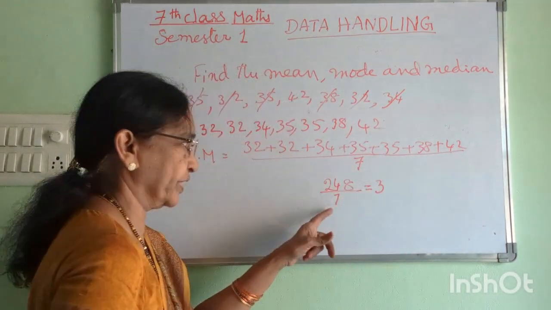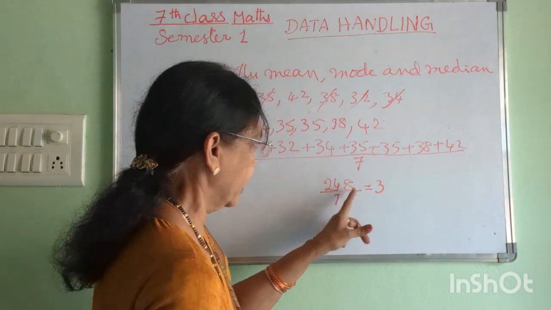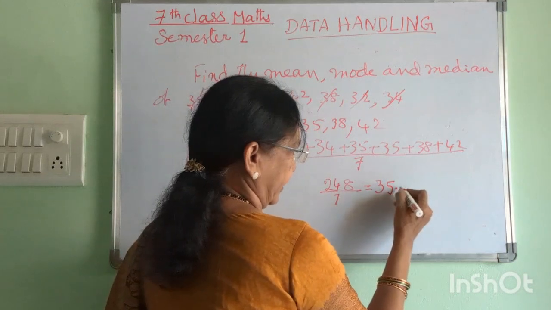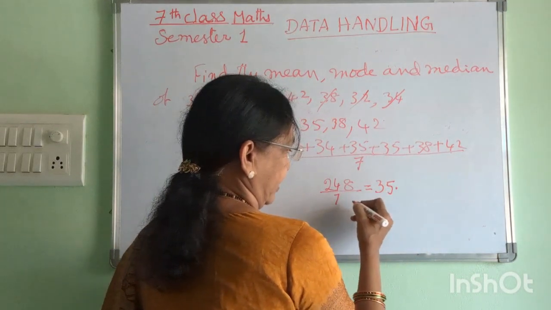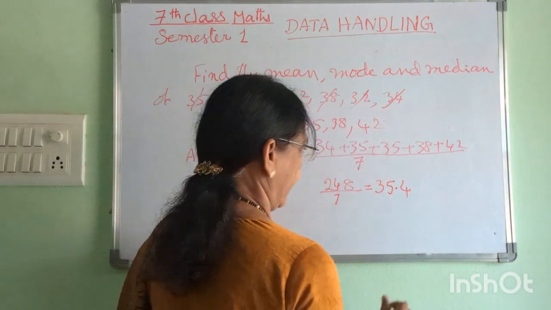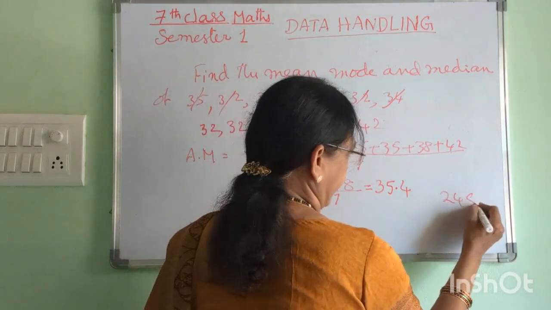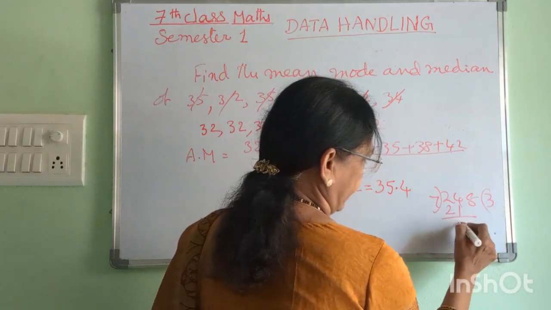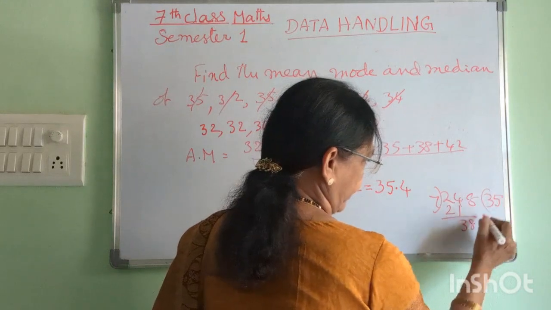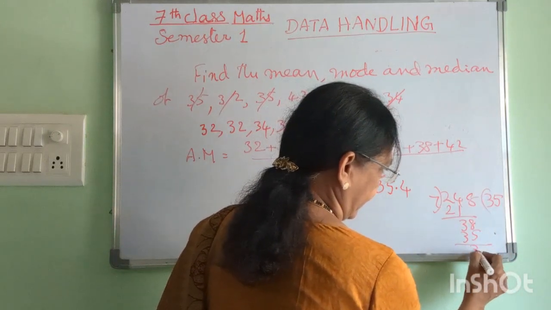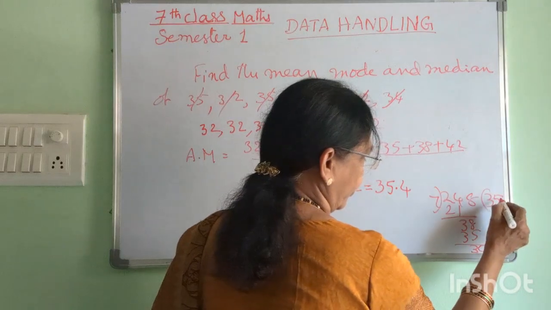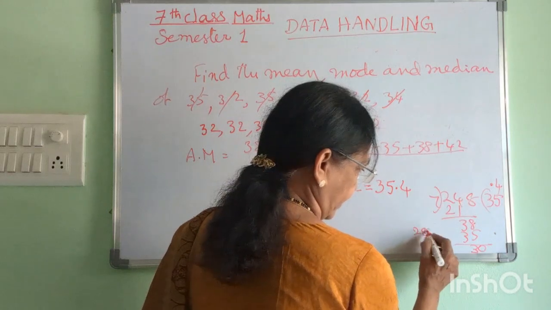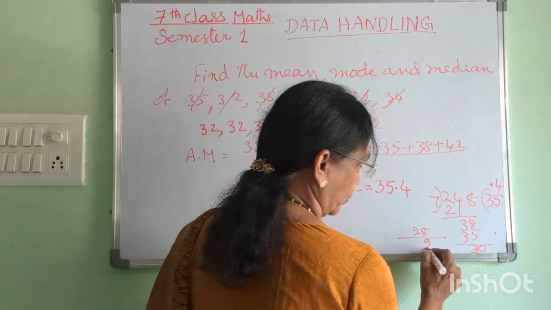7 3s are 21. 7 5s are 35. And 3 is there. 7 4s are 28. 248 by 7. 7 3s are 21. 3 8. 7 5s are 35. 3 0. 7 4s are 28. 28 remains 2.